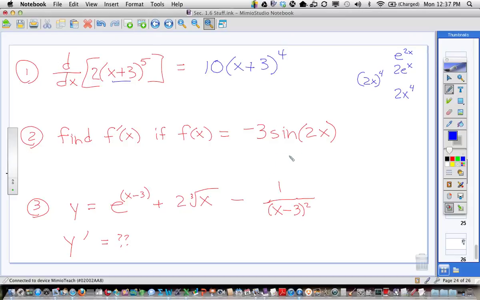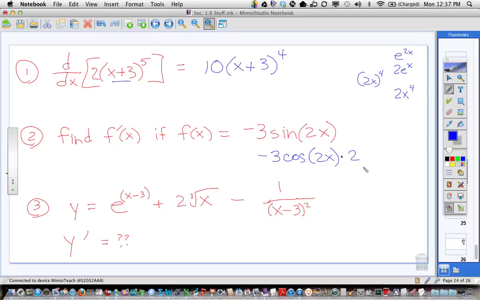Good. What about this one? -3 cosine 2x. Why is there a times 2 there? Kick out a 2 because the 2 on the inside compresses the graph.